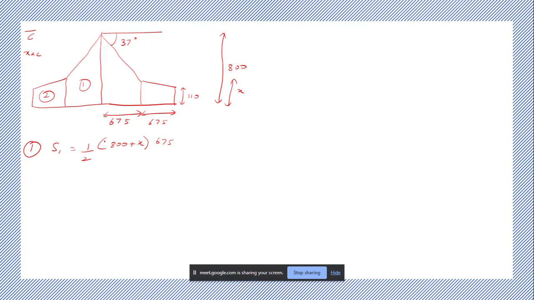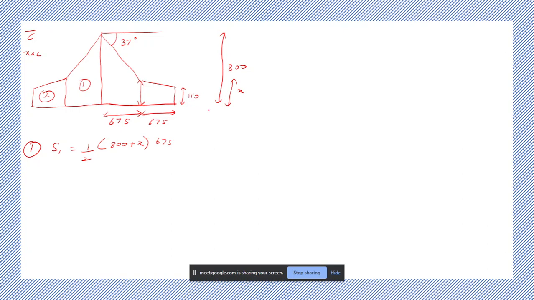This is simpler than the last time. How do you find out x? Everything is straightforward here. How do you find out that quantity x, this value? Is this 110?